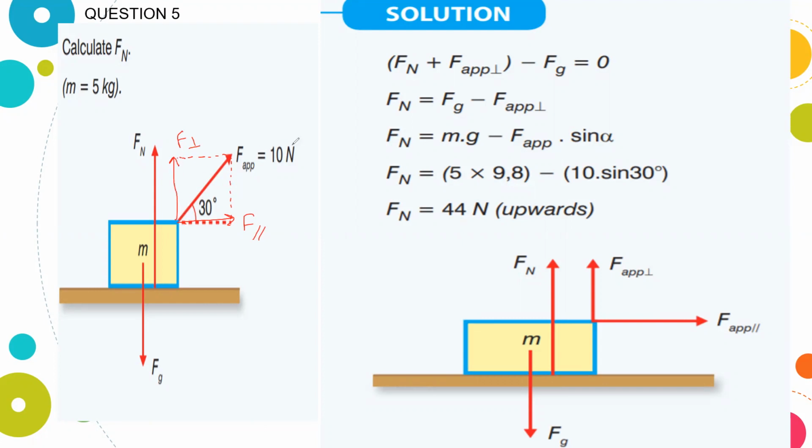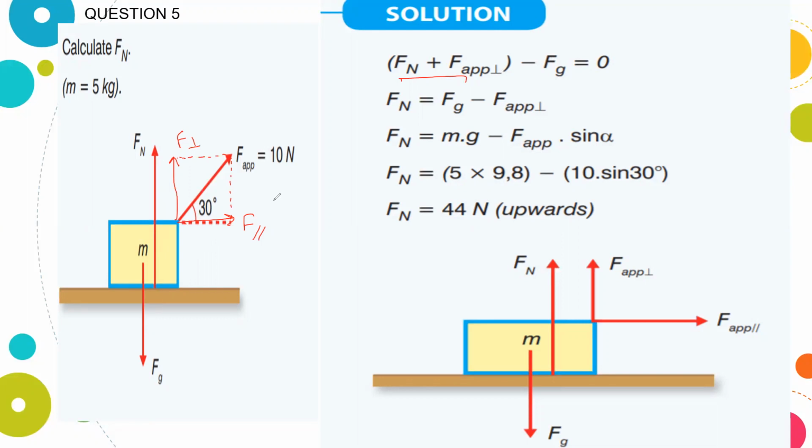As you see, perpendicular, same direction of F normal. When you calculate, you must just add to normal force. As you see, F normal plus F applied perpendicular minus Fg. This parallel one we don't add because object is not moving because of friction, maybe it is not moving. We are not busy with that. We are busy with only perpendicular one, only y-axis up and down.